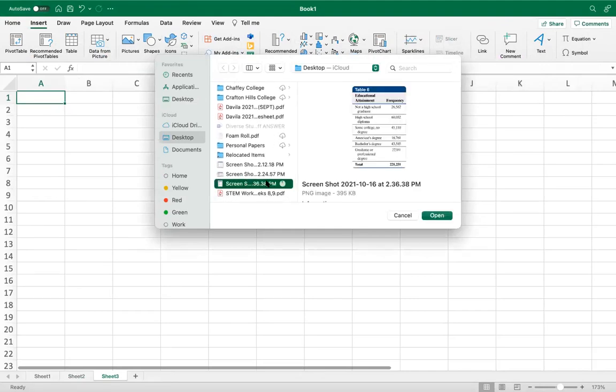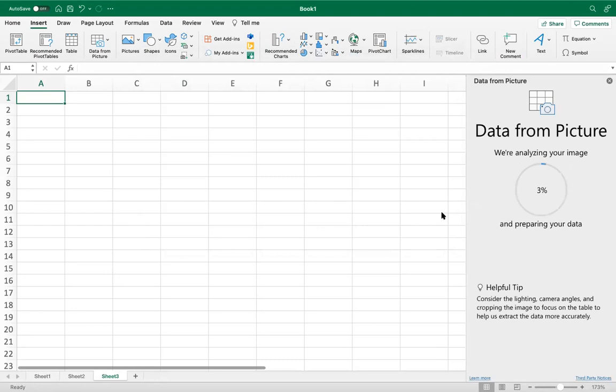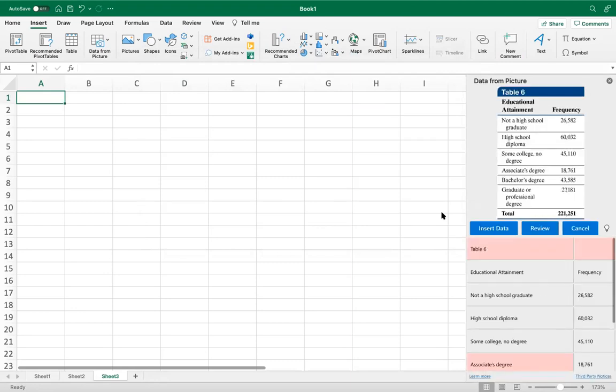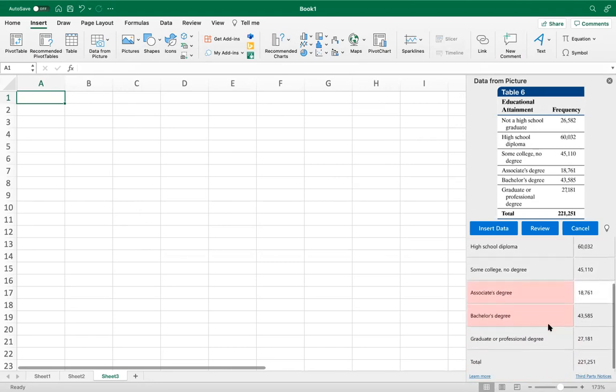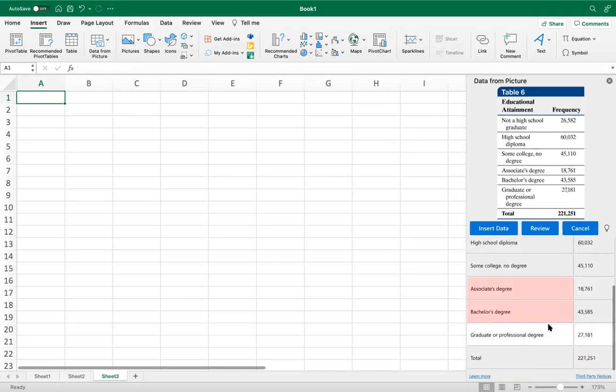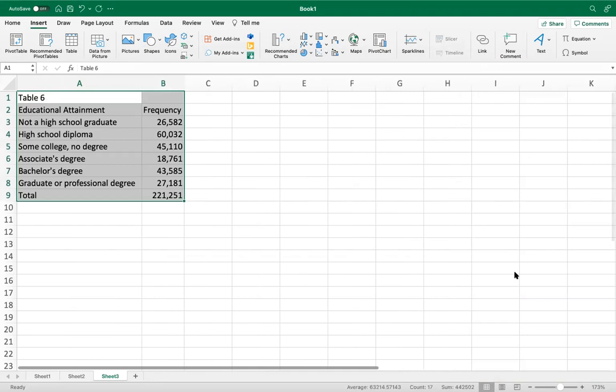And it should be this one here. Make sure the data looks good. All right, insert anyway. And now that we have that data, we could get a pie chart this time.